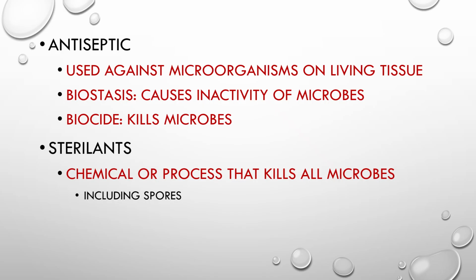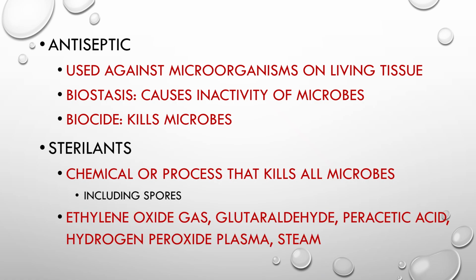Those endospores are extremely dormant. They can live outside of the host for an extremely long time. So sterilizing something means that all of those are removed as well. A few examples here: ethylene oxide gas, glutaraldehyde, peracetic acid, hydrogen peroxide, plasma, and the steam that is now available.